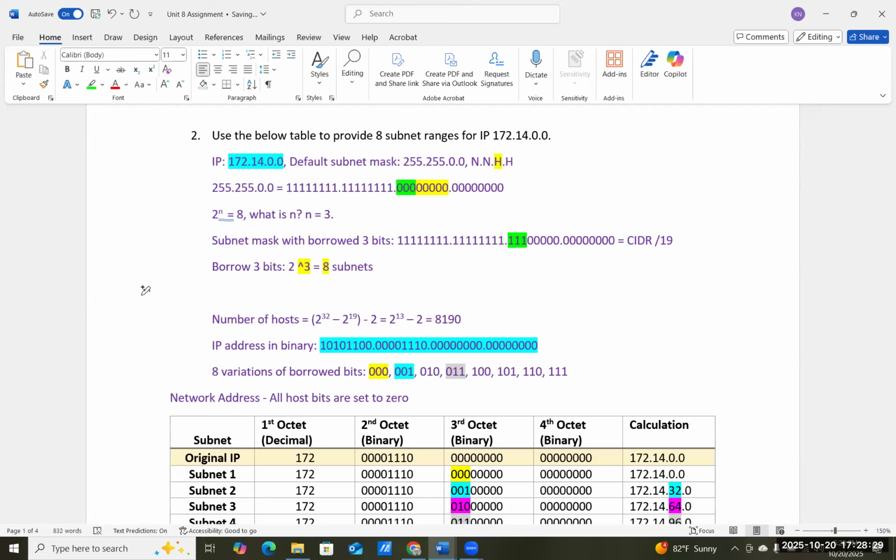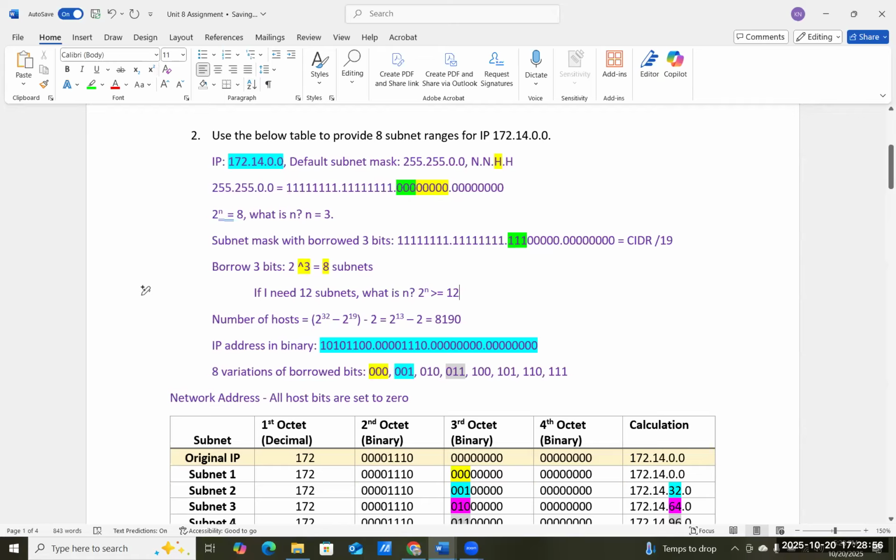So if I need 12 subnets, right? What is n? So you would have 2 to the power of n has to be greater or equal to 12.